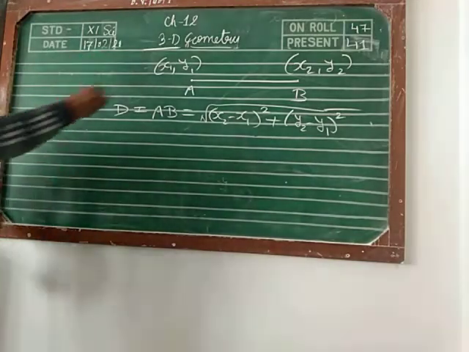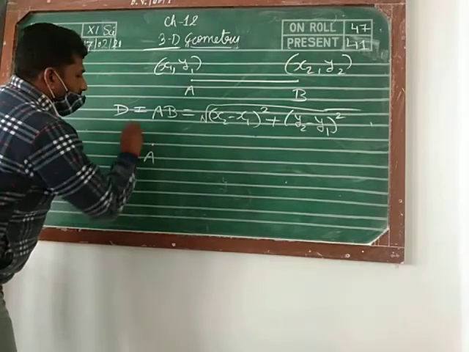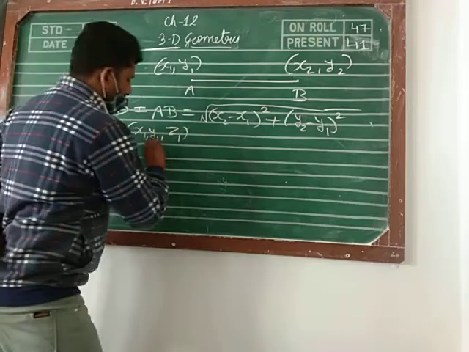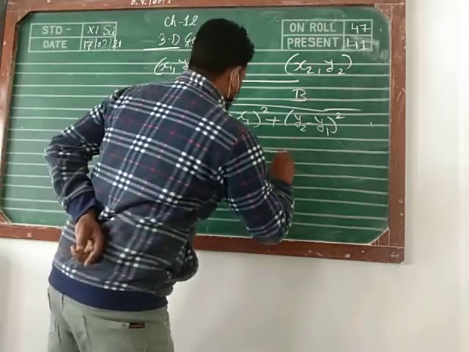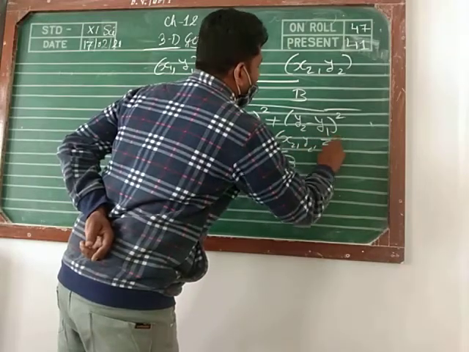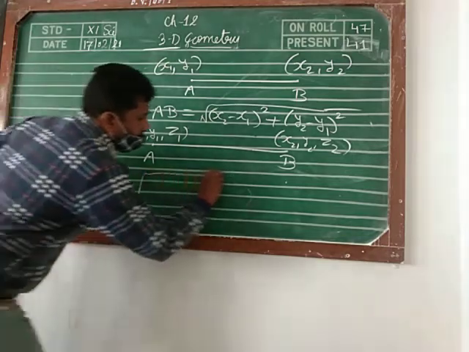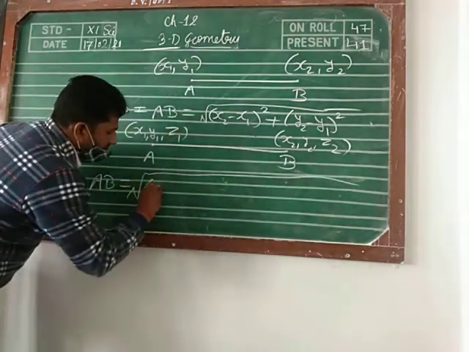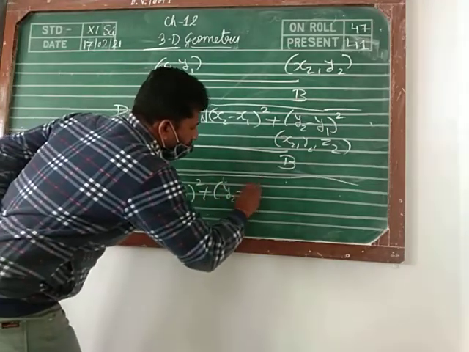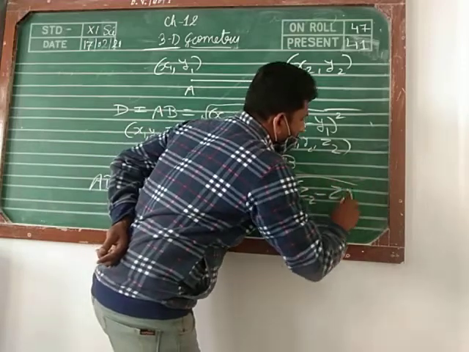And in 3-dimensional geometry, the coordinates become x1, y1, z1 for point A and x2, y2, z2 for point B. Then the distance formula for AB is the square root of x2 minus x1 whole square plus y2 minus y1 whole square plus z2 minus z1 whole square.